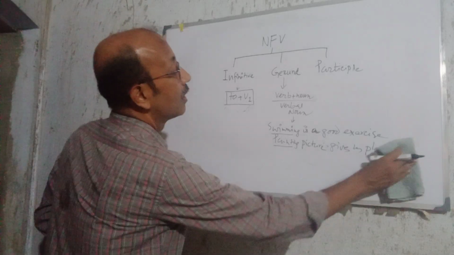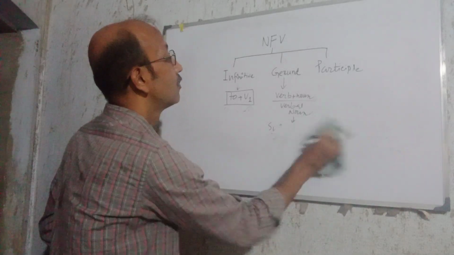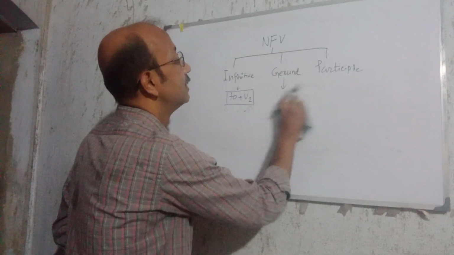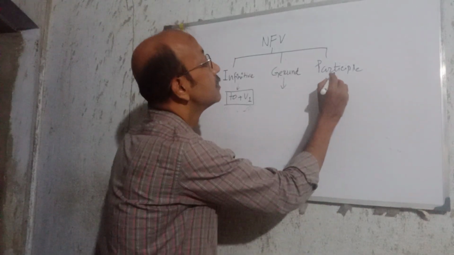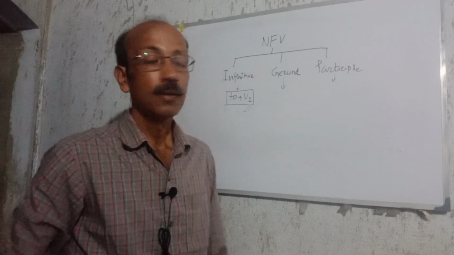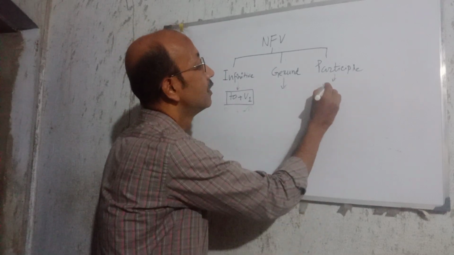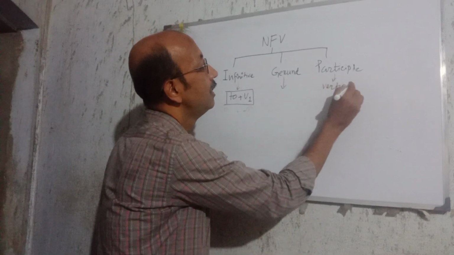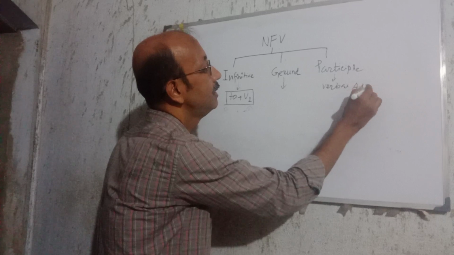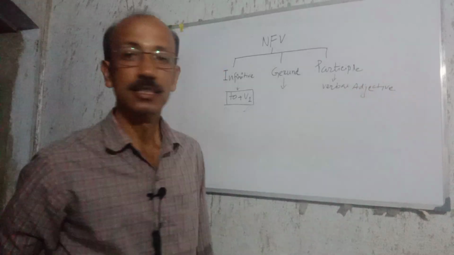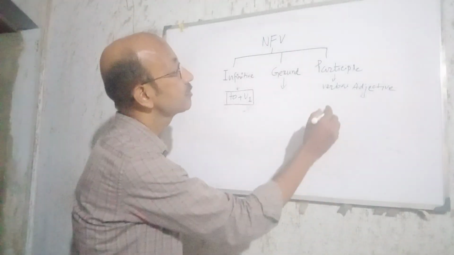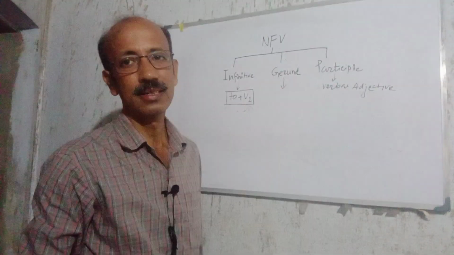Now come to another part of non-finite verb, that is participle. Participle is called verbal adjective. What does verbal adjective mean?